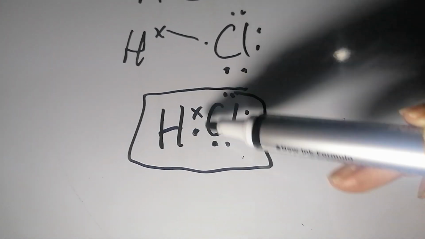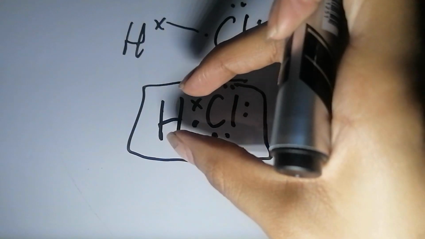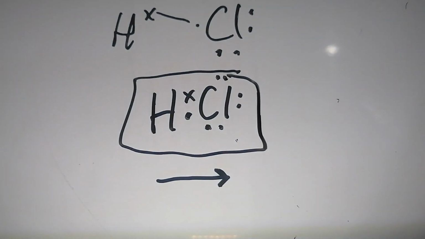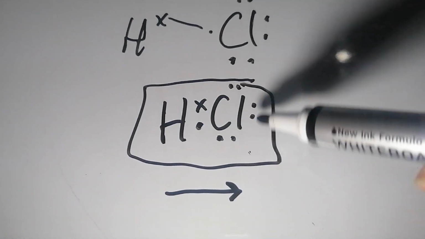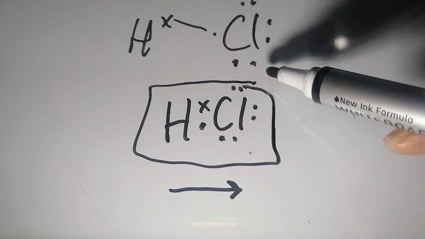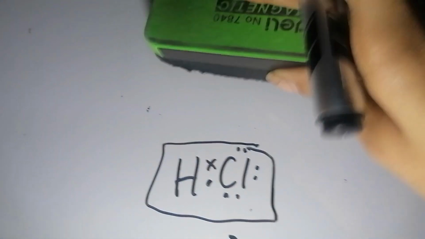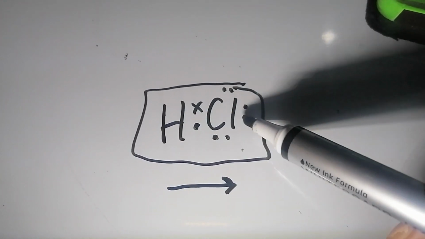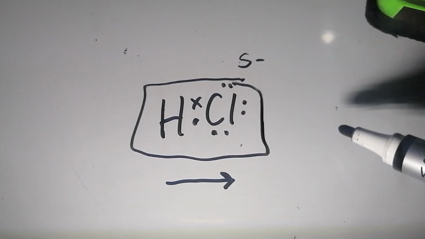And because this has a greater electronegativity, these electrons are going to pull towards this way. So I'll draw my arrow going towards that way. Let me just rub off this top part so you don't get confused. Right, as I was saying, as these electrons are pulling towards the one that's more electronegative, this side becomes partially negative.